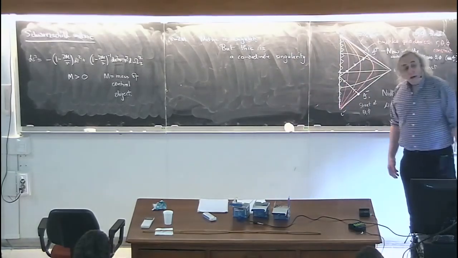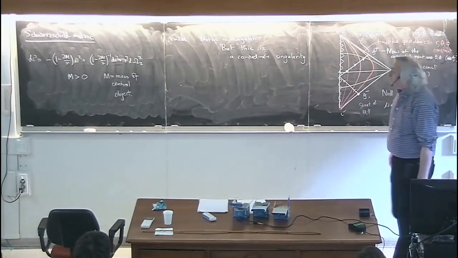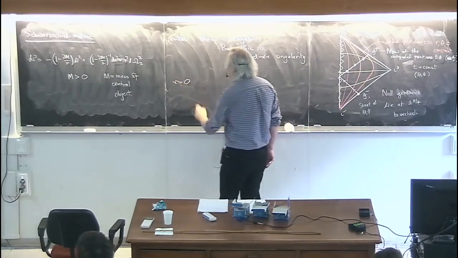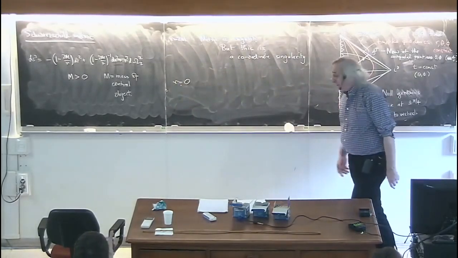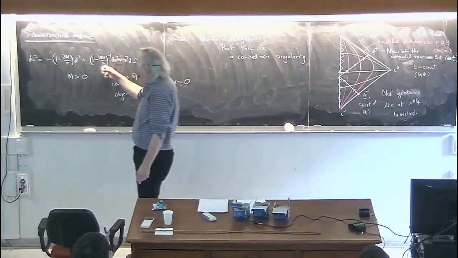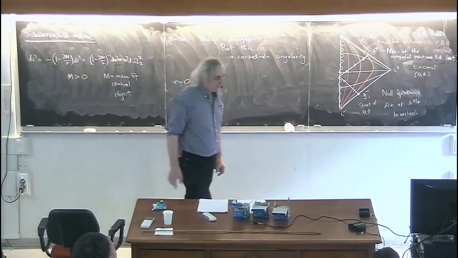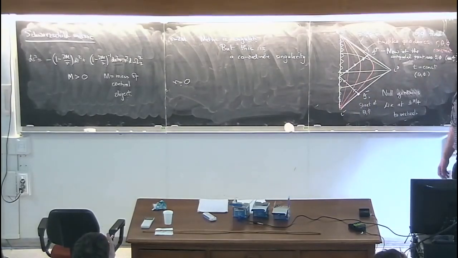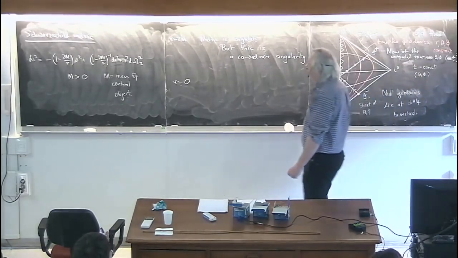It's also singular at r equals 0. At r equals 0, this blows up, and you have no idea what to do. This singularity turns out to be unremovable. It's not a coordinate singularity.